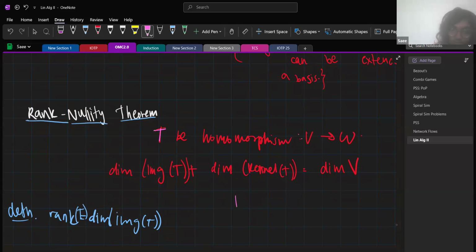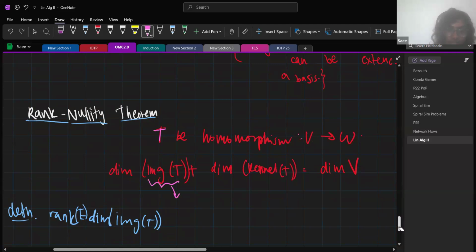Before we actually do this, there are some non-trivial things, like why should the image of T be a vector space? The image of T will also be a vector space. I think Shreya did this in her class.